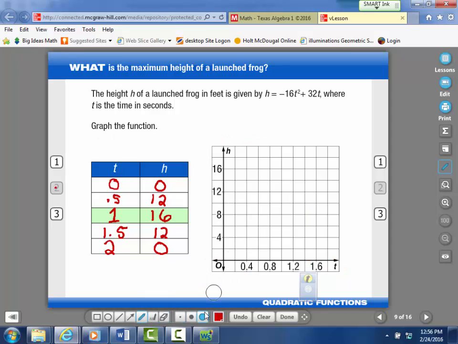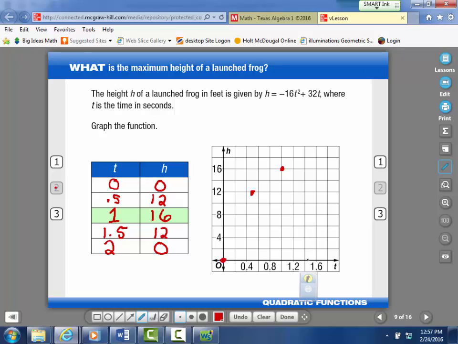Okay? So 0, 0. Gonna be right there. 0.5, let's see. Looks like we're counting by 0.2, 0.2, 0.4, so 0.5. And then we're going to be at 12. Right there. Okay, and then 1 would be here, 16.